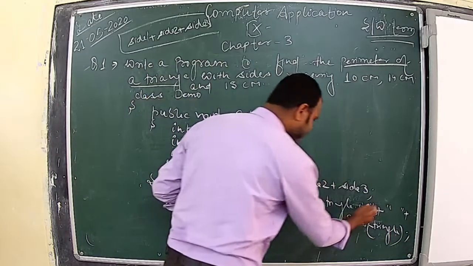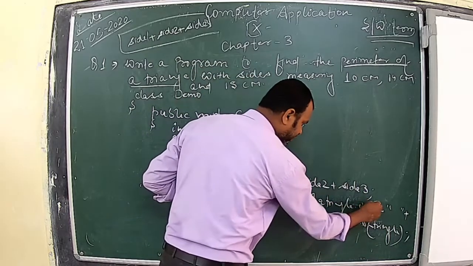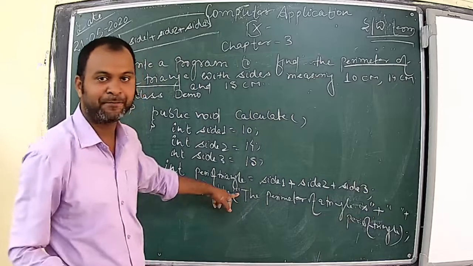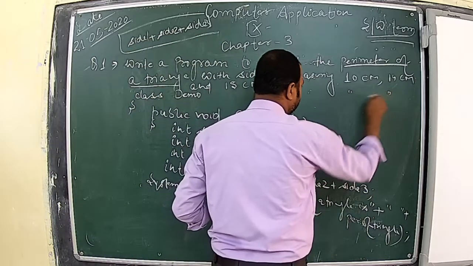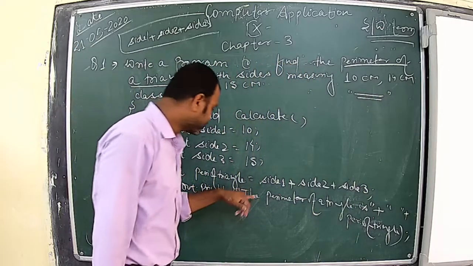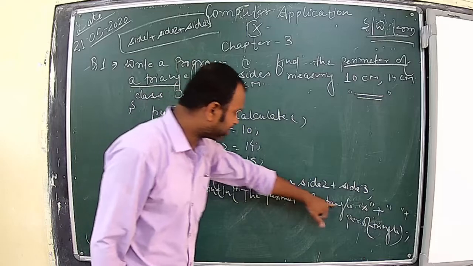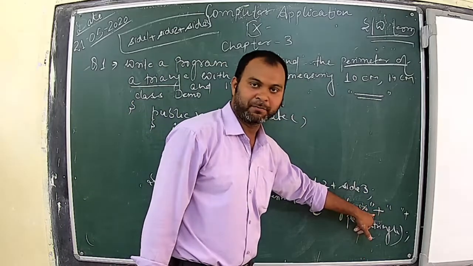See, I have given this one in double quotes only to print a statement. As I told last time, when you give anything in double quotes, it prints as a statement, as a string, not as a value. So this statement will be printed, and then I use the plus symbol.